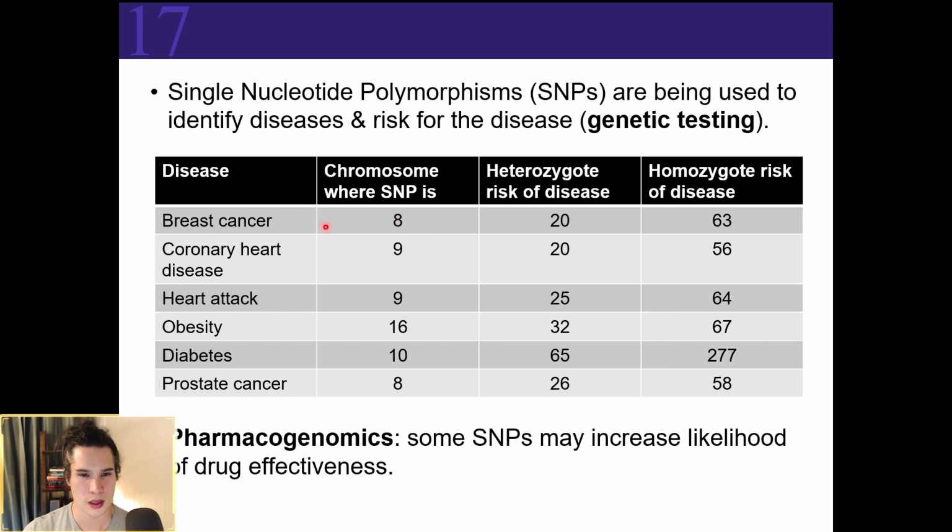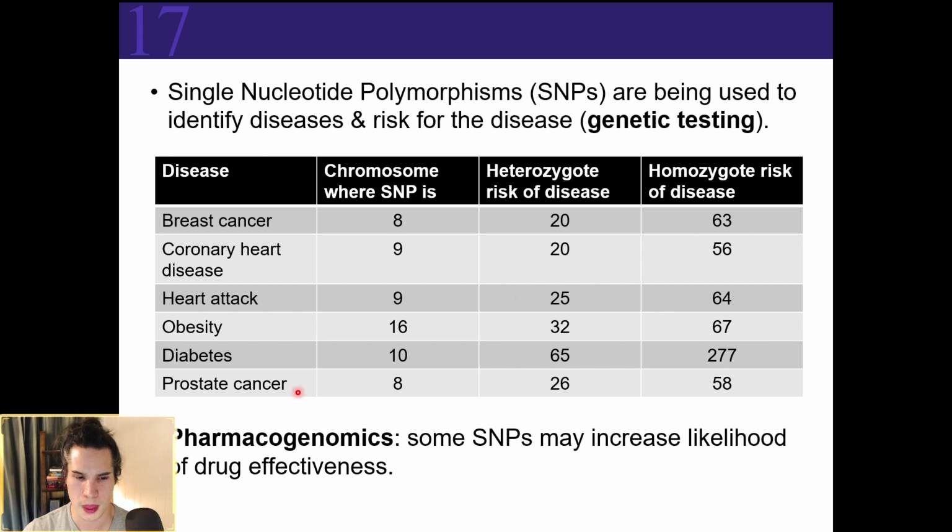Like breast cancer, there's a single nucleotide polymorphism found on chromosome 8 that if they are a heterozygote for that single nucleotide polymorphism, they have a 20% higher chance of getting breast cancer, versus if they are a homozygote, meaning two of the same alleles, two of those same single nucleotide polymorphisms, they're at a 63% higher chance of developing breast cancer.